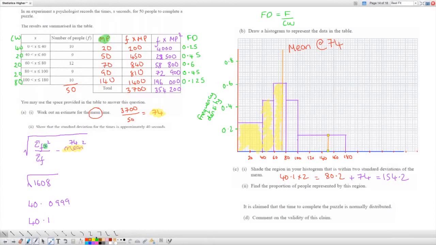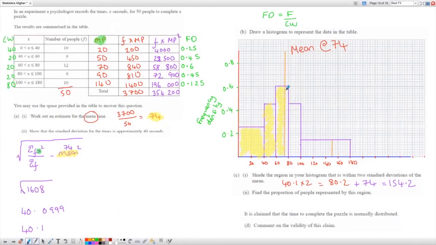Again, taking out your highlighter to shade the region, we're looking at the rest of this bar, all of this bar, and part way through the final bar.